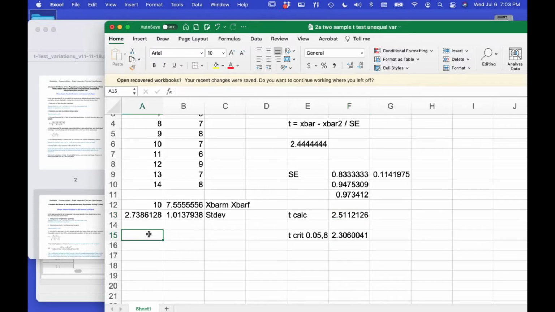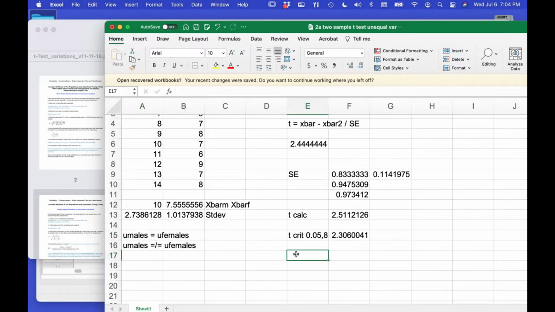Just keep in mind, your null hypothesis is that mu for males is equal to mu for females, versus mu for males does not equal mu for females. We can reject our null hypothesis and accept our alternative hypothesis.